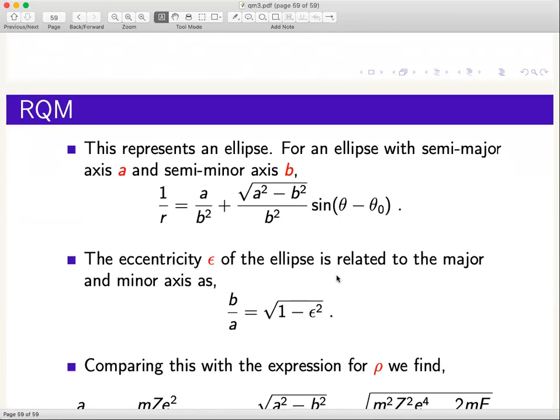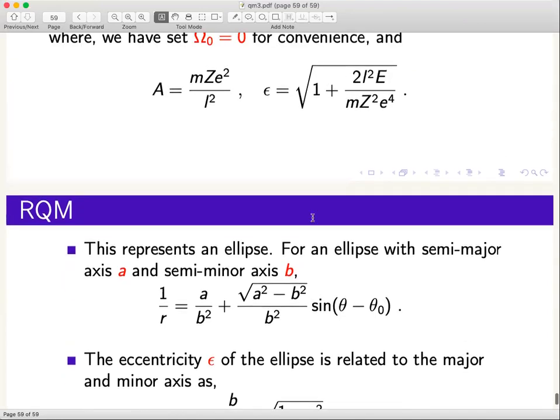Fine. So I have already made the claim that this represents an ellipse. If you have an ellipse with a semi-major axis A, that means the full major axis is 2A, and semi-minor axis is B, then you can write down the equation for the ellipse in this particular form. 1 over R is equal to A, the semi-major axis, divided by B squared, the square of the semi-minor axis, plus square root of A squared minus B squared upon B squared times sine theta, or sine of theta minus theta naught.